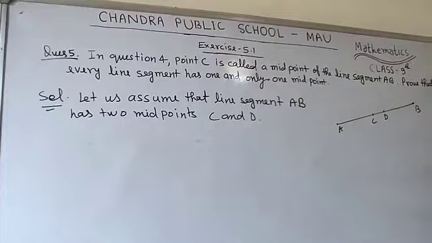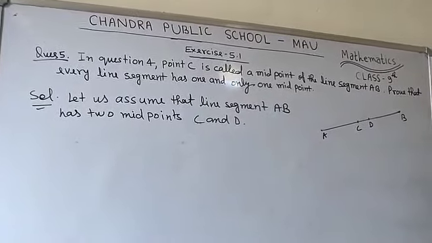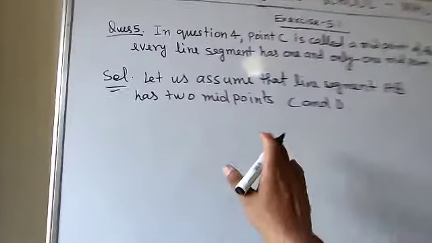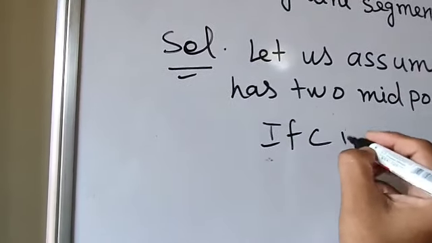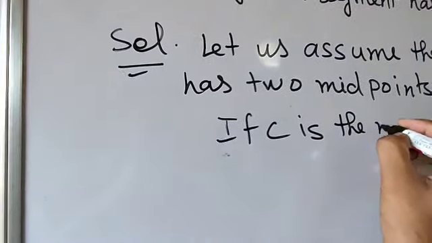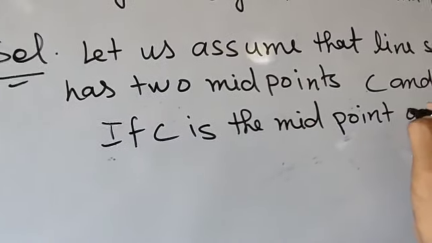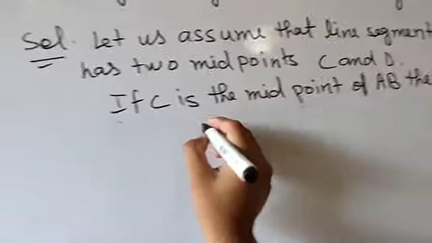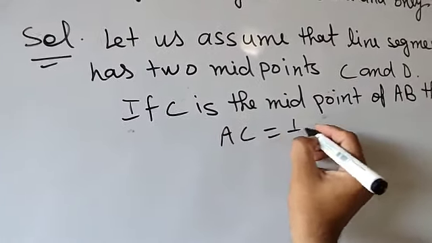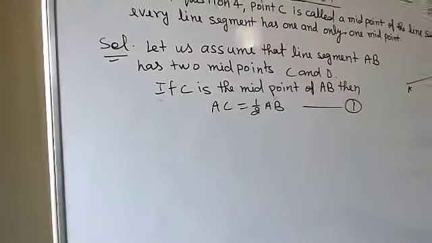In the previous question number 4th, I had proved that if C is the midpoint of AB, then AC equal to half AB. So here I am going to use the same. If C is the midpoint of AB, then AC equal to half AB. Make it equation 1.